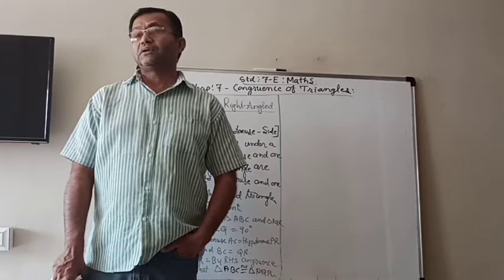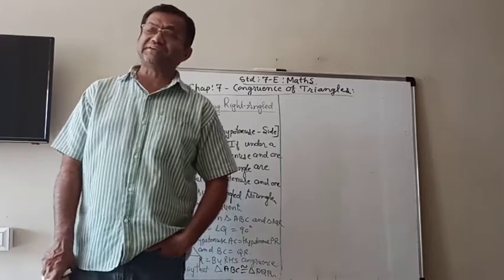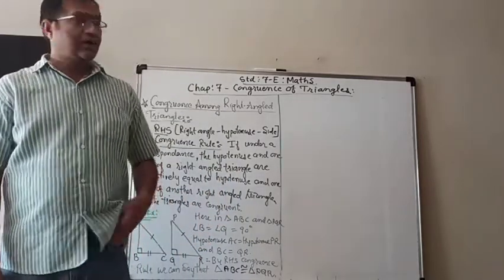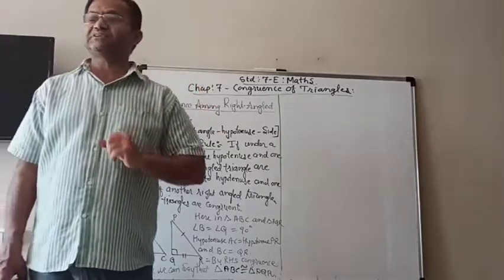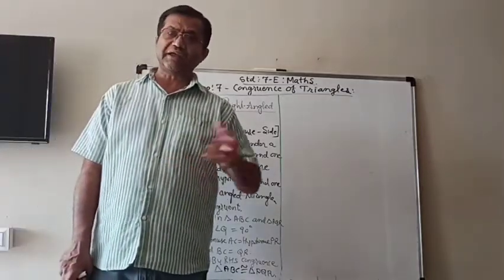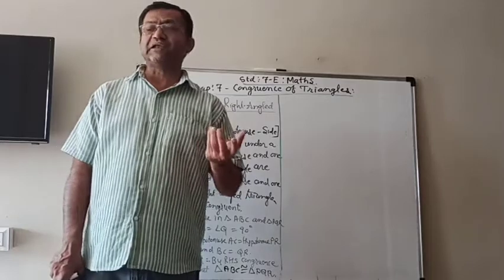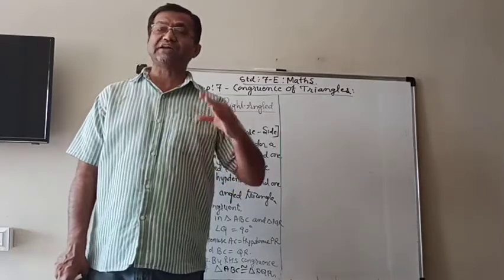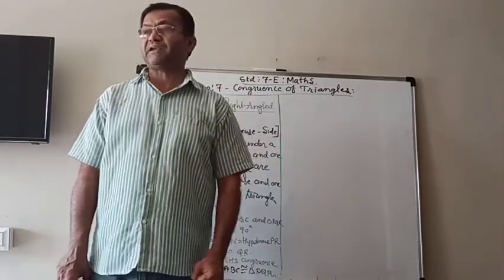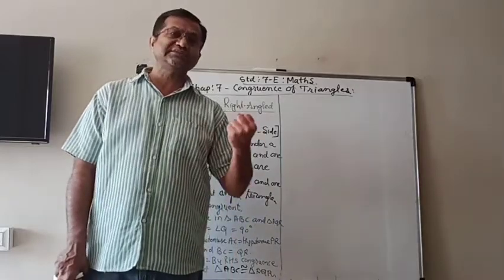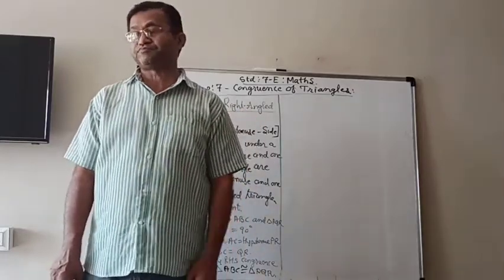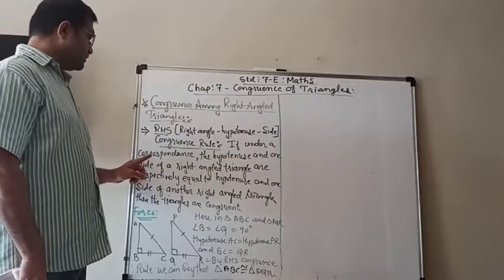So, when in two right triangles, hypotenuse of both the triangles are equal and a side, then we don't have to check the other pairs of the corresponding sides or the angles. What is the rule?